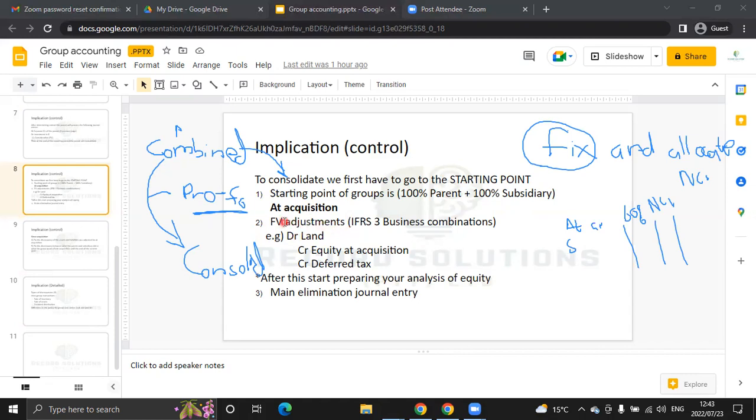And then don't forget also, there are items at acquisition that are included that, from the subsidiary's point of view, the subsidiary didn't record. However, from the group's point of view, you have to record them. Like, for instance, an intangible asset.